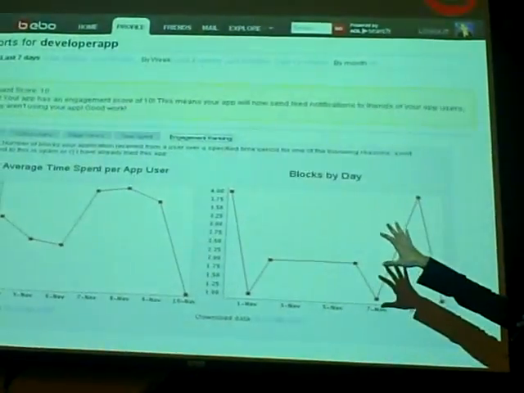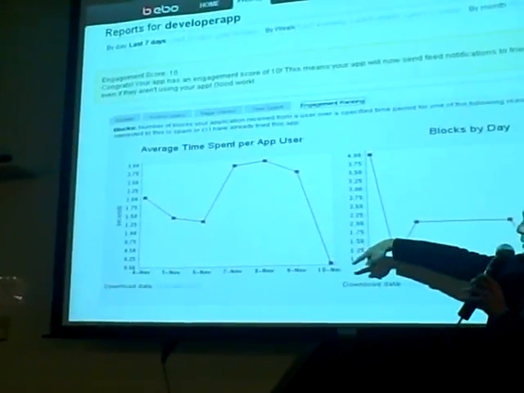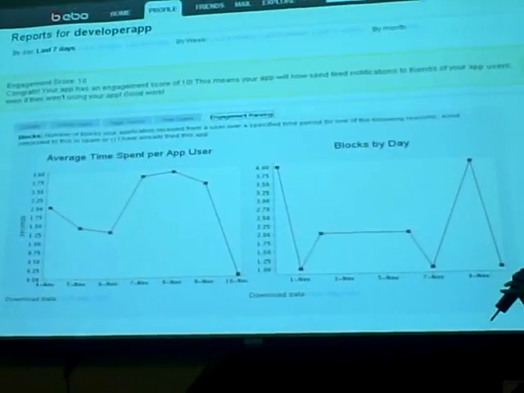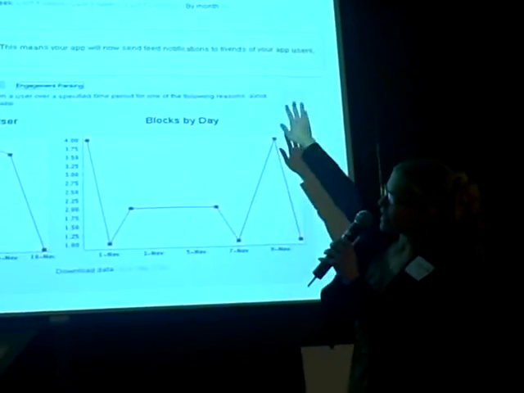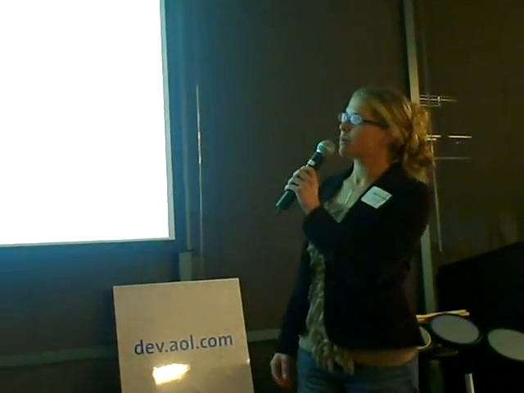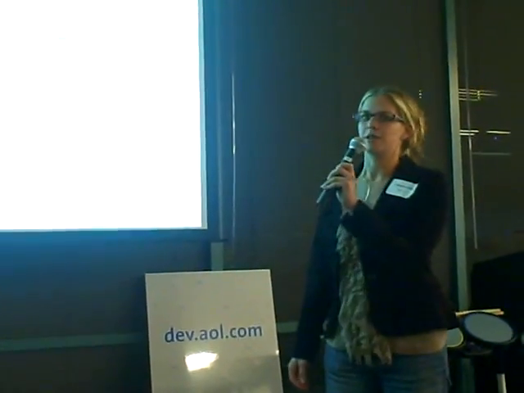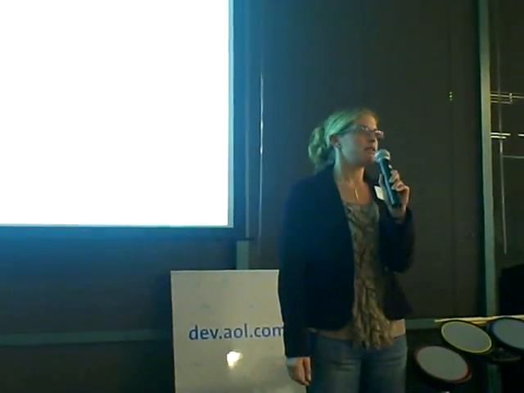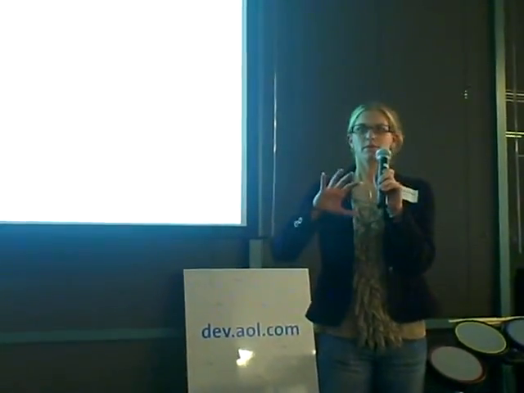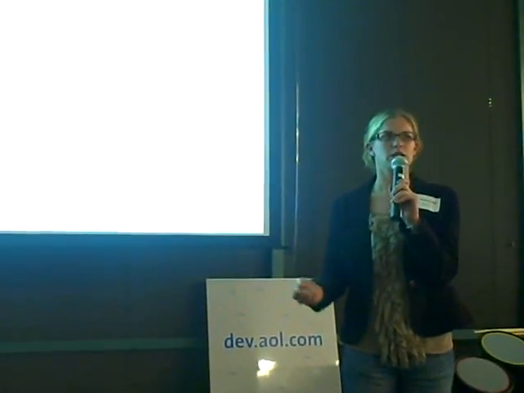The last section of our developer metrics will show you where you are, average time spent per app user, which is actually how the formula breaks down. Also shows blocks per day. And then up top you can see your engagement score. And if you're getting a reward, we'll be letting you know, and we'll let you know what the reward is. So it's a pretty exciting feature. It's one that actually a lot of people have asked for, and it's something that we think is reserved for people who are creating really engaging experiences.